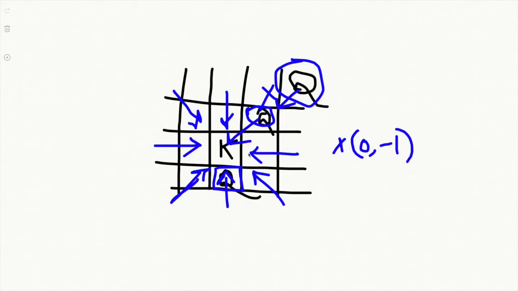And for this one, the unit vector along this queen's direction will be 1 upwards and 1 towards the right. So that will be (1, 1) times a certain scalar quantity which denotes the distance of the queen from the king.